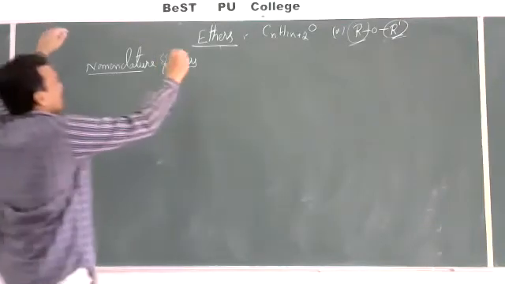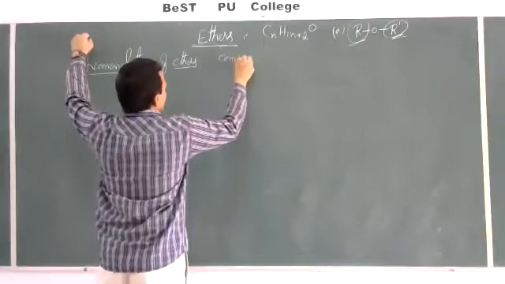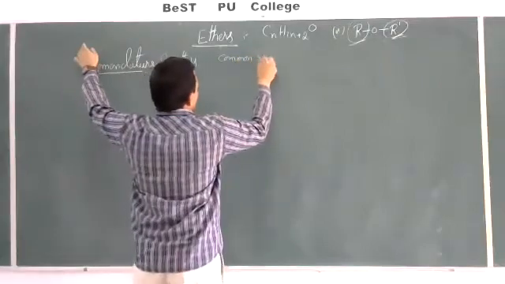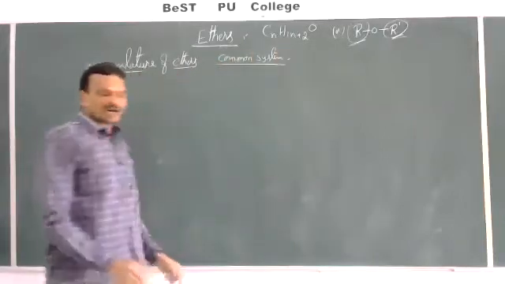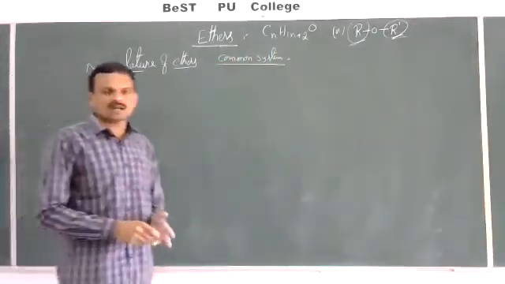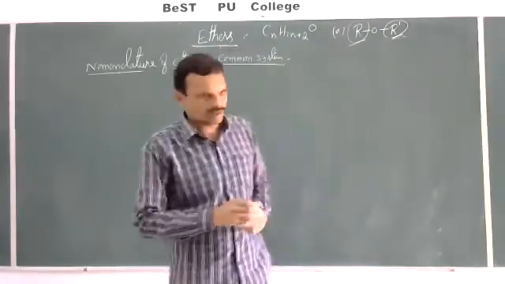In a common system, according to common system, ethers are named by representing the name of the groups in alphabetical order.